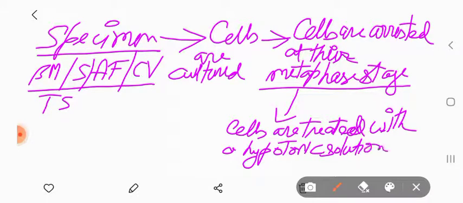In a hypotonic solution, the concentration of solute is low with respect to the concentration of solute inside the cell, and conversely the concentration of solvent within the hypotonic solution is high compared to the concentration of solvent inside the cell.